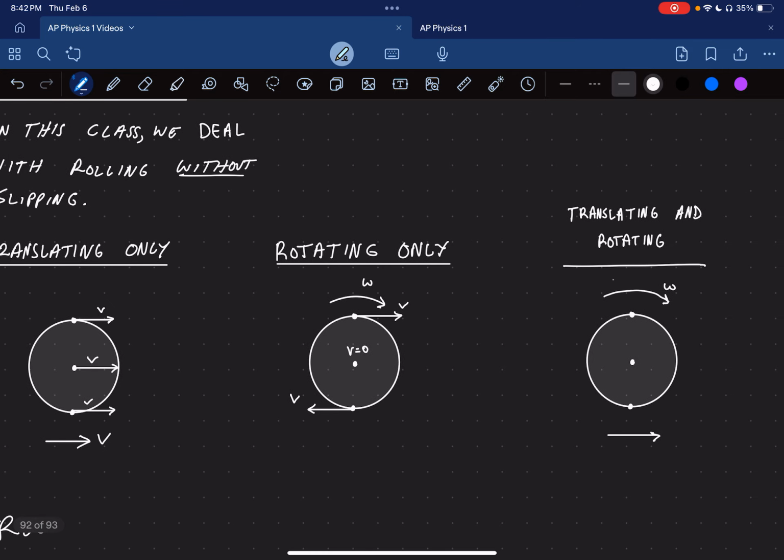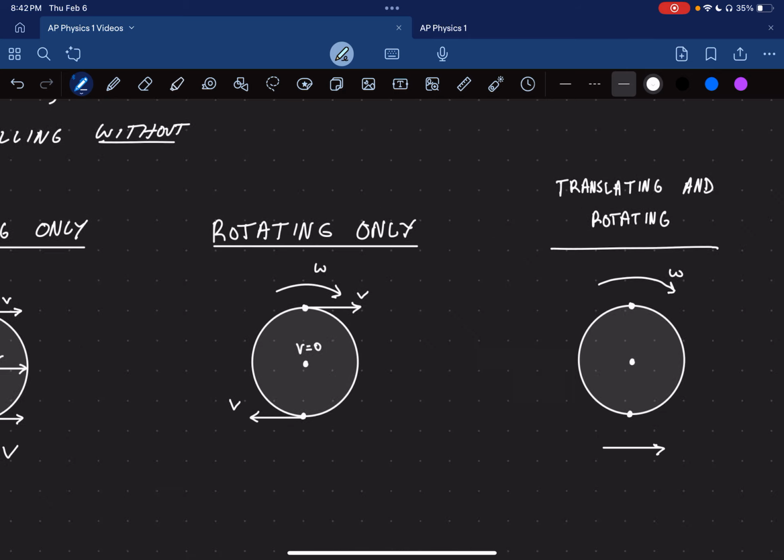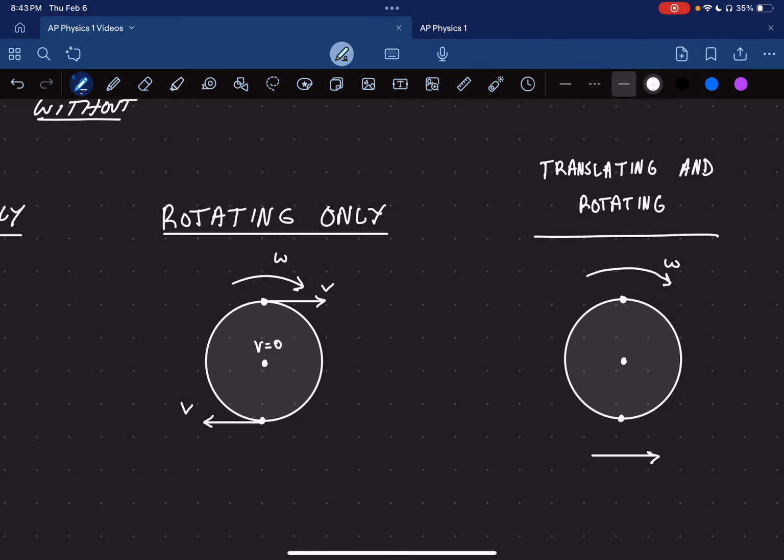Now, what if that wheel is both translating and rotating? We can think of a wheel, your car tire or something like that. So not only is it rolling this way, but it's also moving in that direction. What is happening at each of these 3 points of the wheel? The bottom, the axis of rotation here, and the top of the wheel. Well, earlier I said that we're not considering any slipping.